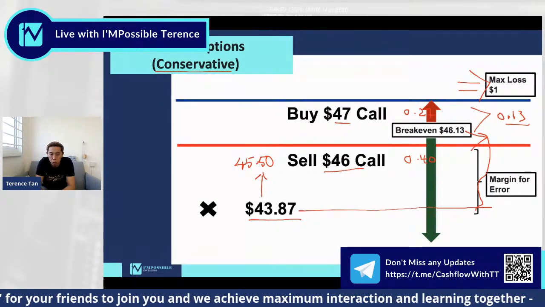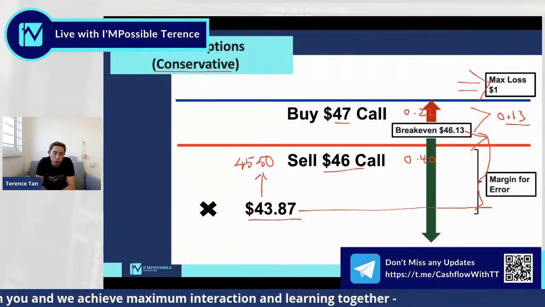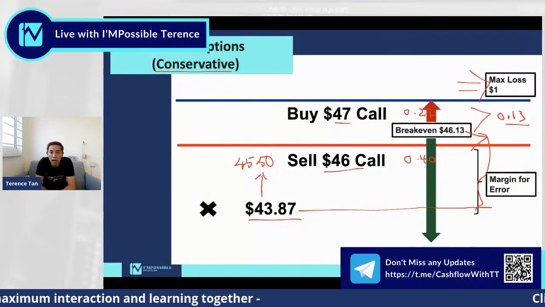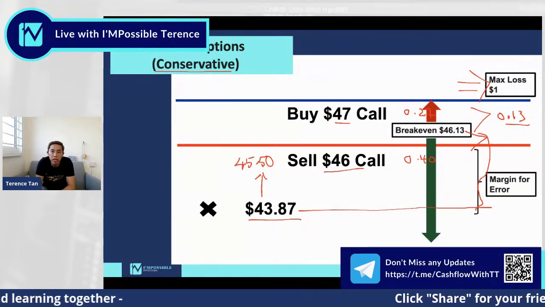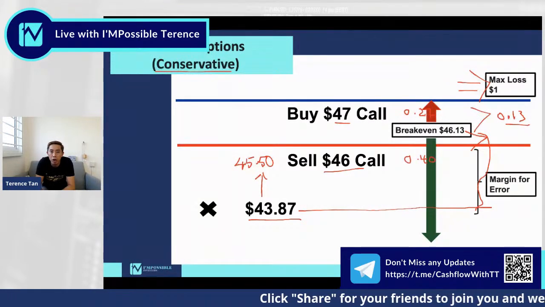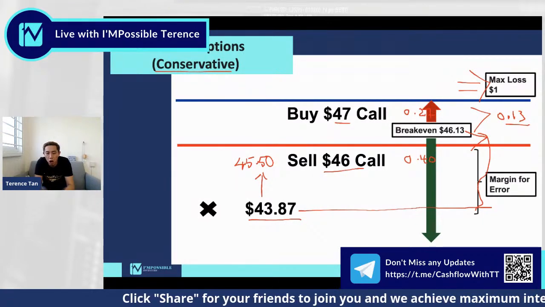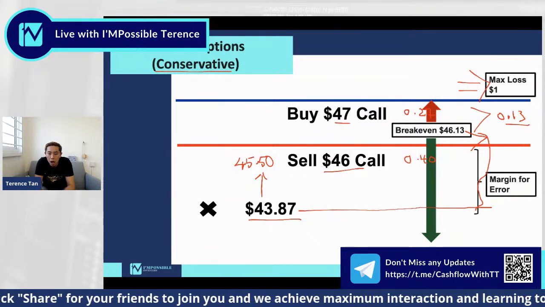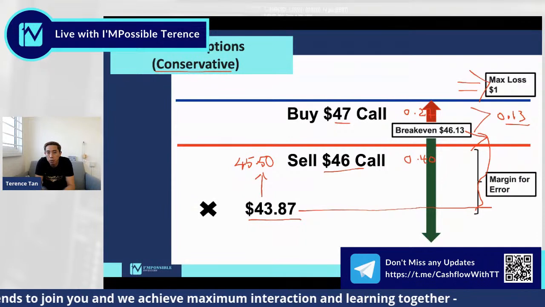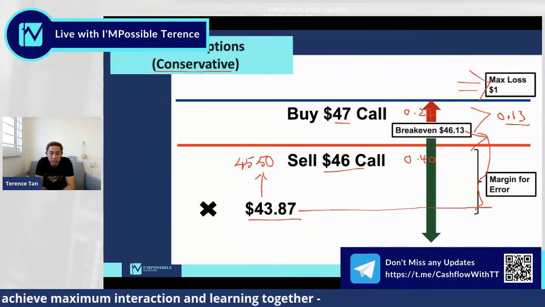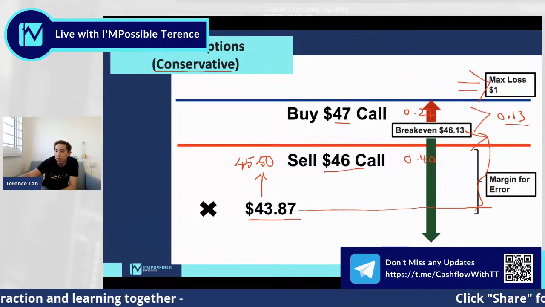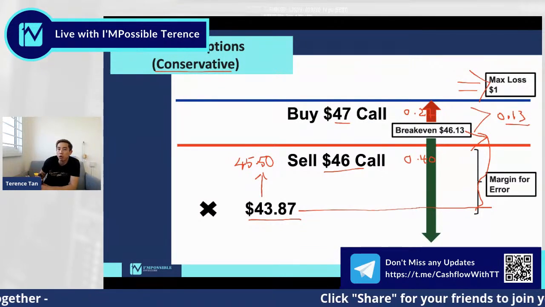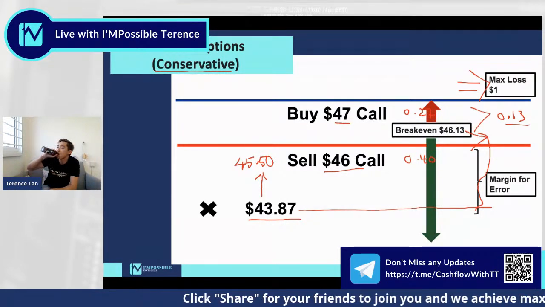We have Royal Caribbean trading at 43.87. What call strike do you think you'll be picking if you're trying to be more aggressive? Leave it in the comments. I'd like to see if some of you or all of you will be able to pick this up.